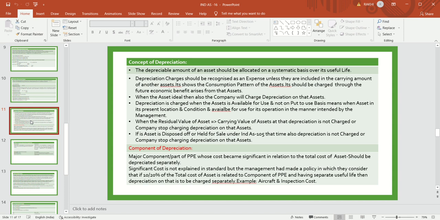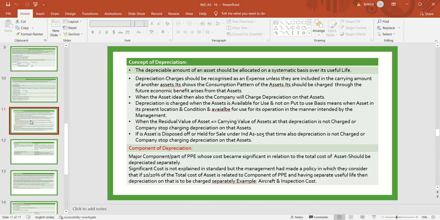When the residual value of the asset is equal to or more than the carrying value of the asset, at that time depreciation is not charged, or the company stops charging depreciation on that asset. Say the purchase value of the asset is 1 lakh. The useful life of the asset is 10 years, and you charge the depreciation up to 9 years. That is 90,000 charged, and the remaining balance of 10,000 is left.